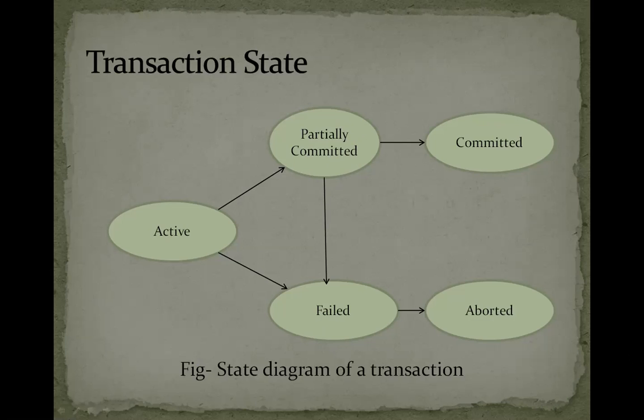Aborted: after the transaction has been rolled back and the database has been restored to the prior state, which was at the start of the transaction. And committed: after successful completion, it is in the committed state. So we can say that a transaction has committed only if it has entered into the committed state.